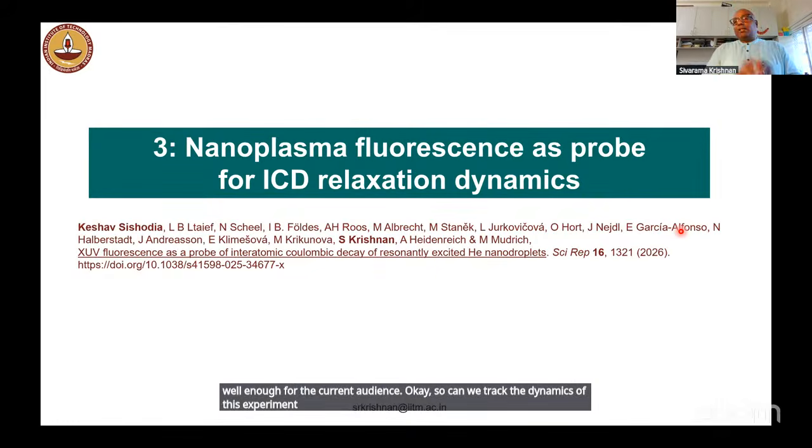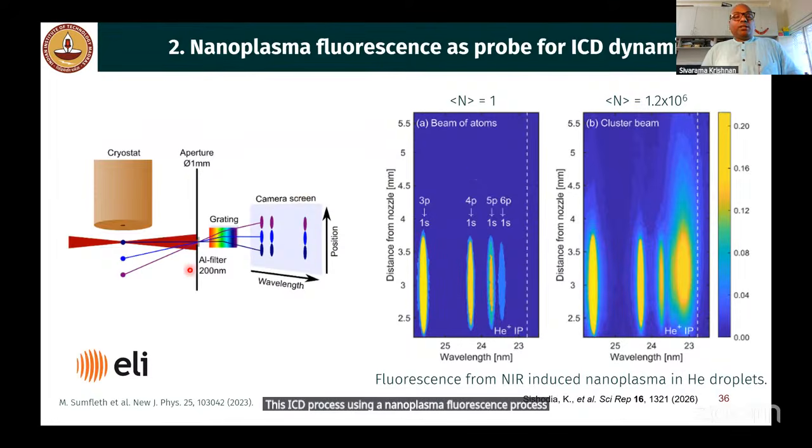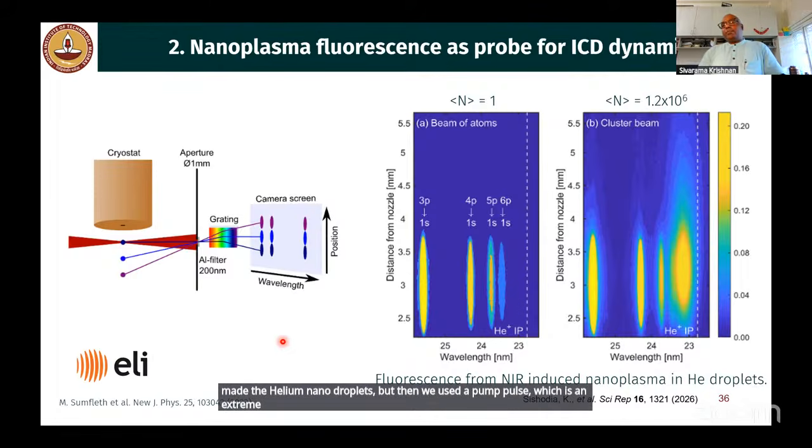I will present this and the next short story in ultra short time scale since we are running out of time. So Keshav decided to track the dynamics of this ICD process using a nanoplasma fluorescence process, in which we essentially made the helium nanodroplets, but then we used a pump pulse, which is an extreme ultraviolet pulse, this time not from a free electron laser, but from a tabletop high harmonic generation source.